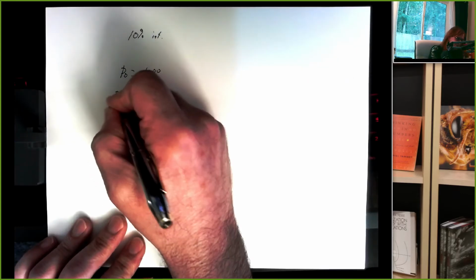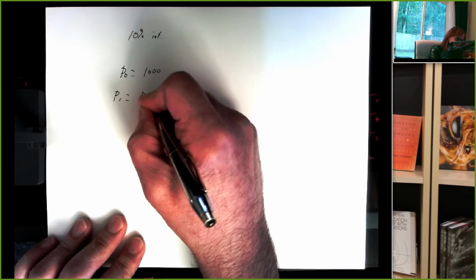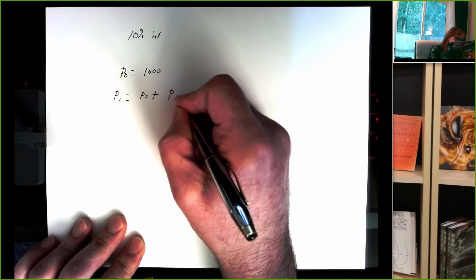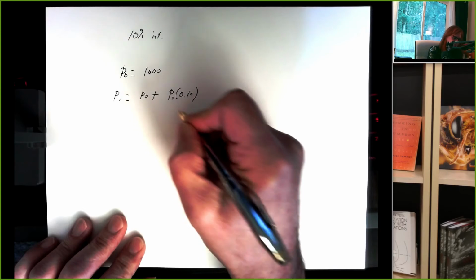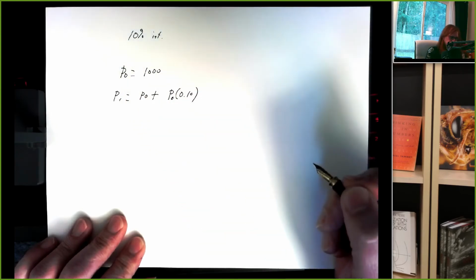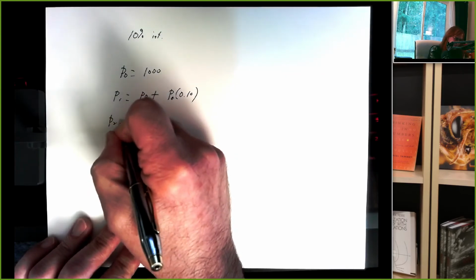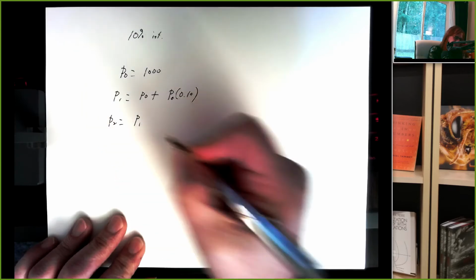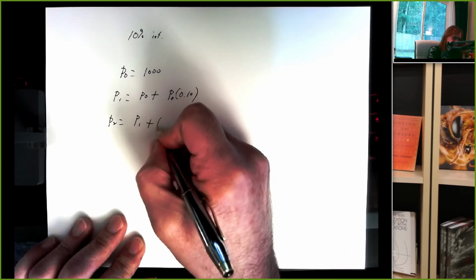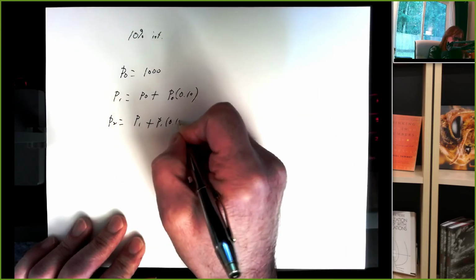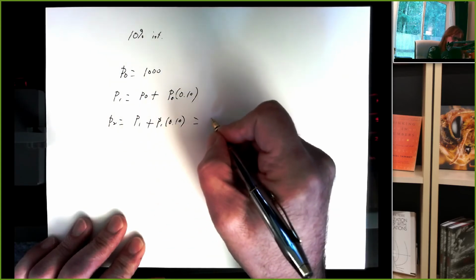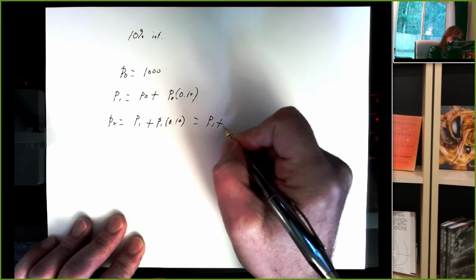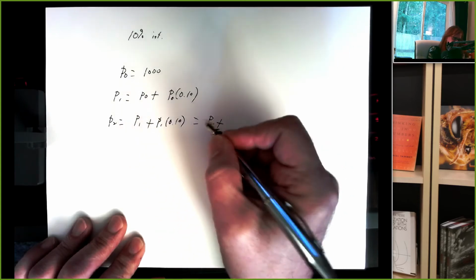And so after 1 year, you have your original amount plus 10% of that original amount. And after a second year, you have whatever you had at the beginning of the first year plus 10% of that amount, which is P1 plus 0.1 times P1.